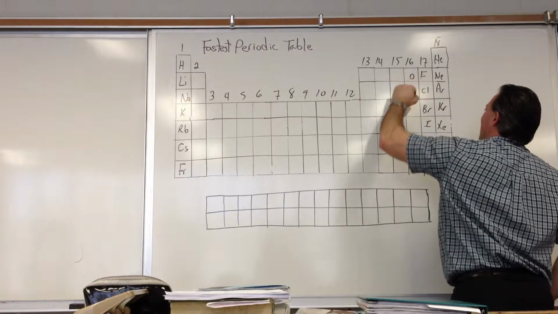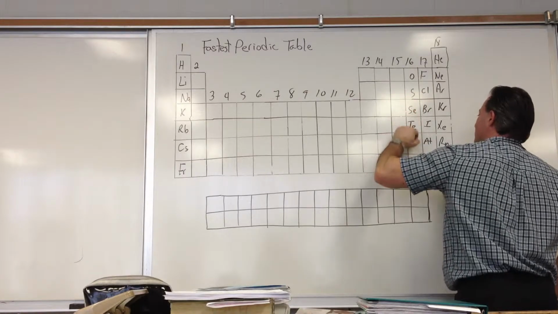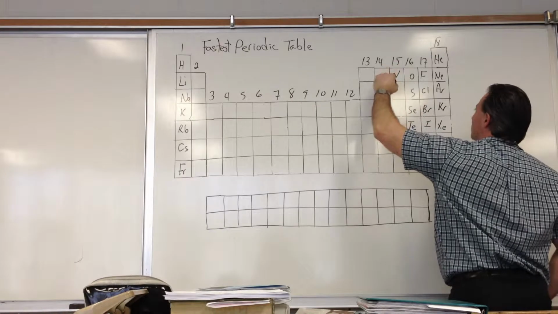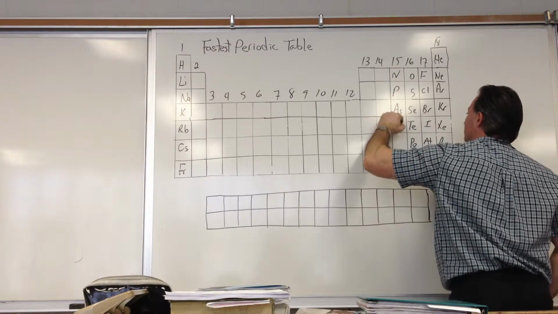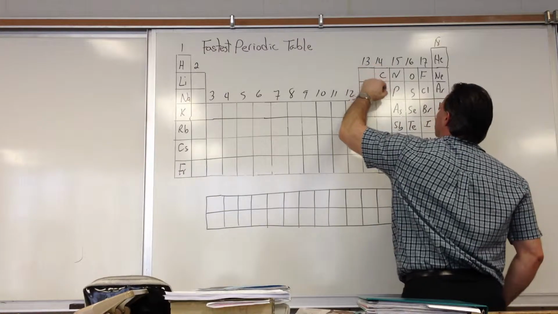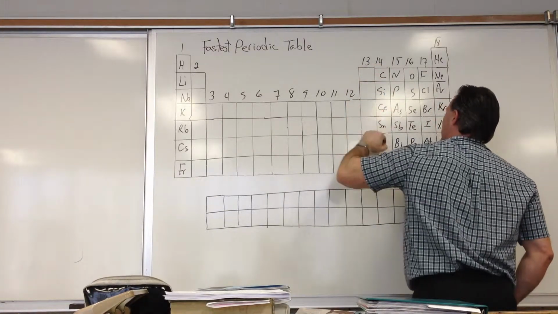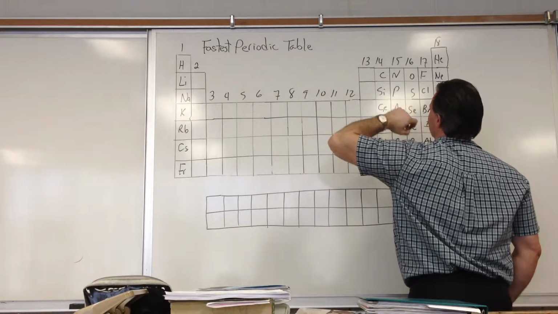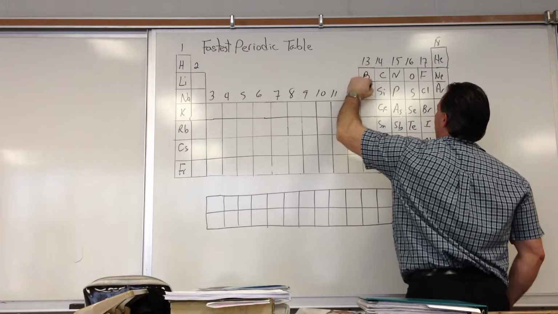The chalcogens have 6. The nitrogen group has 5. The carbon group has 4, and the boron group has 3.